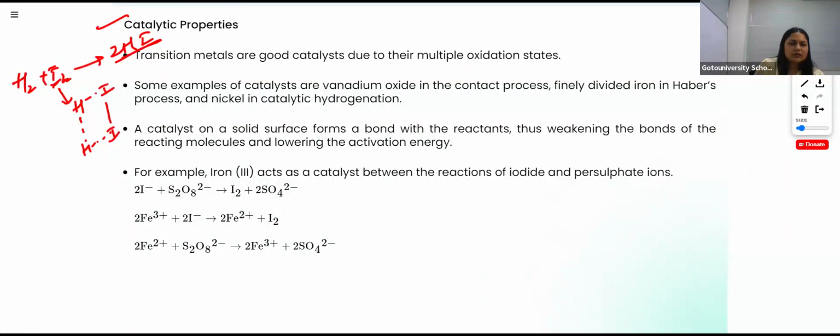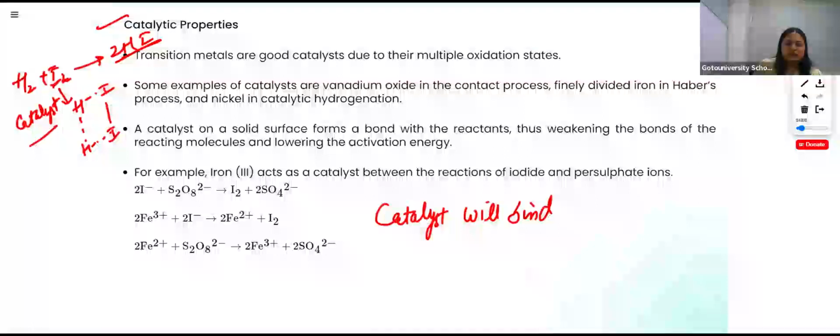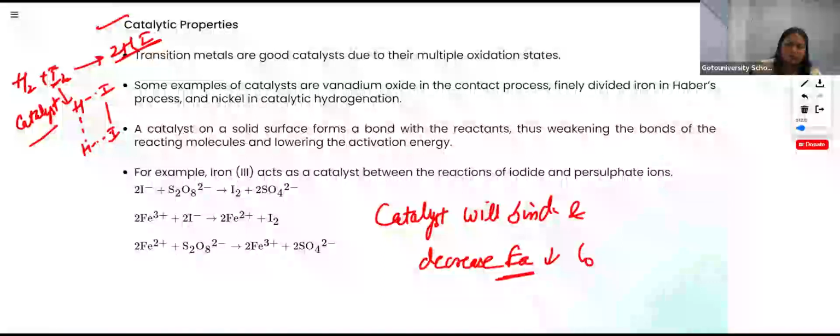Now we add a catalyst here to increase the rate of reaction. What will the catalyst do here? The catalyst will bind and decrease the activation energy to form the product. This activation energy we have already discussed in chapter 3.